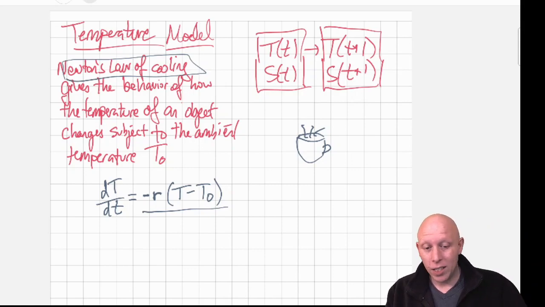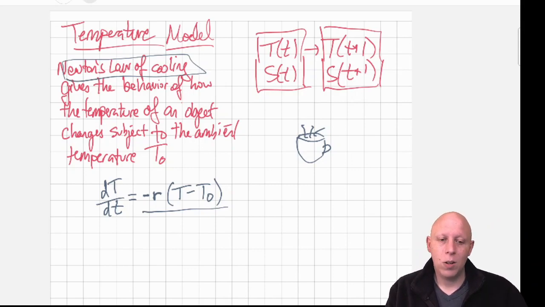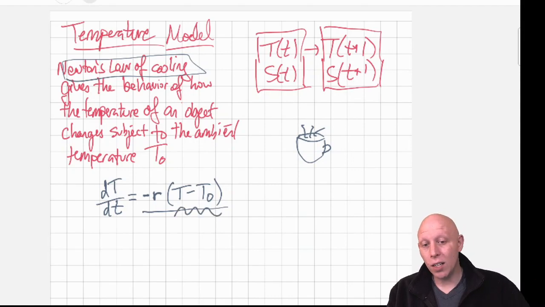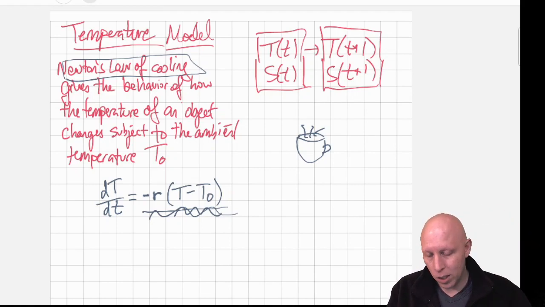But if on the other hand you have some cold iced tea in a warm room, then T minus T naught is a negative number, so this whole quantity is a positive number, which tells you that the temperature is going to increase over time.